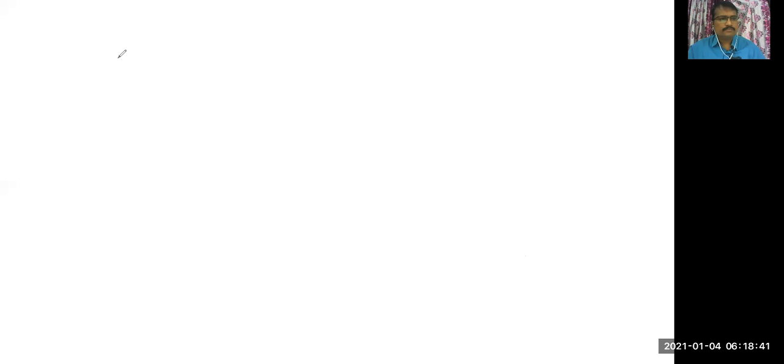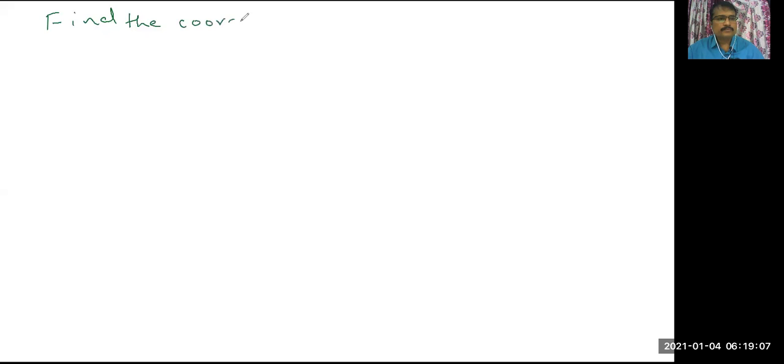So example 14. Find the coordinates of the points of trisection.